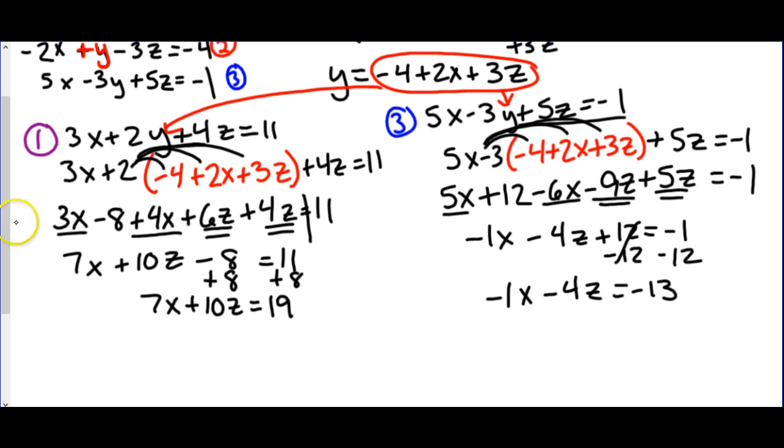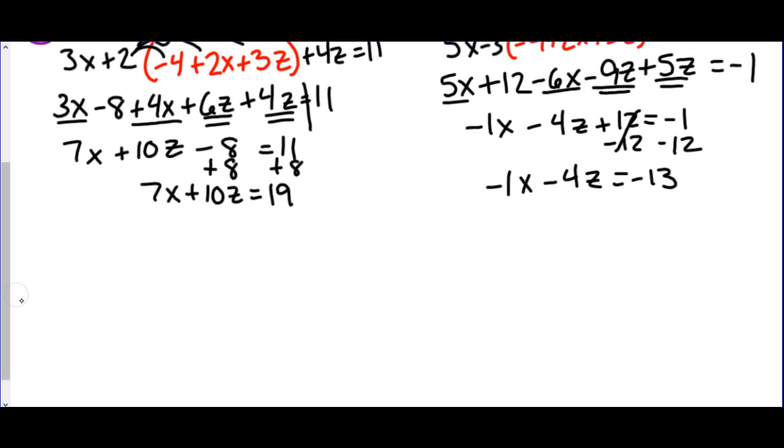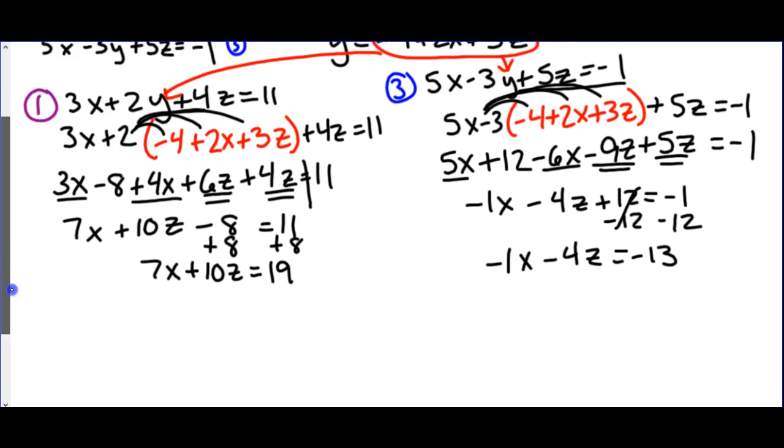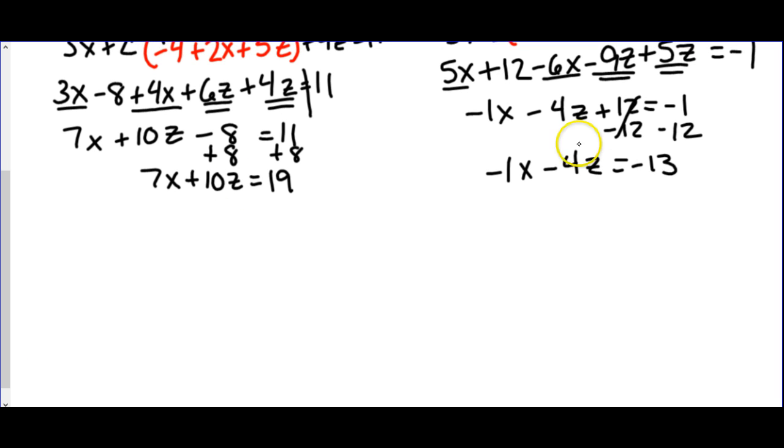So now we have to go through our process again. Just like up here where we had to get the letter y alone, we want to look at these two equations. Let's call them equation 4 and equation 5. These two equations, we want to get one of the variables alone.